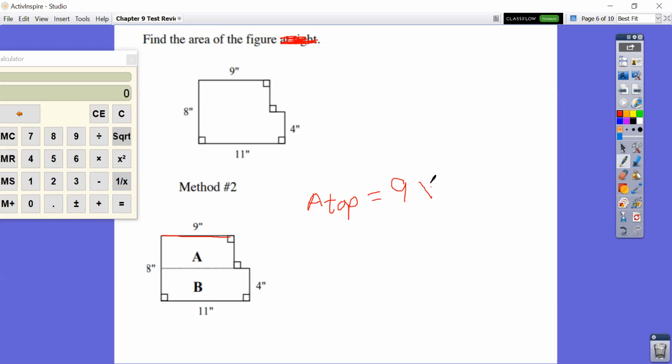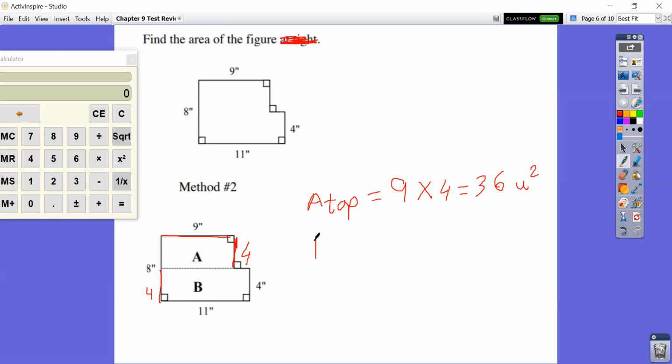The width is missing. I have to find the missing link right there. Remember, from here to here is 4. So right here is 4. 4 plus what equals 8? 4 plus 4. So the missing link is 4. So 9 times 4 equals 36 square units. The area on the top, done.